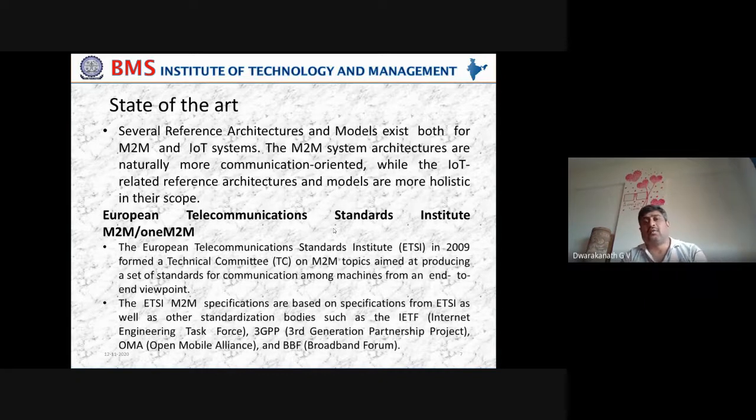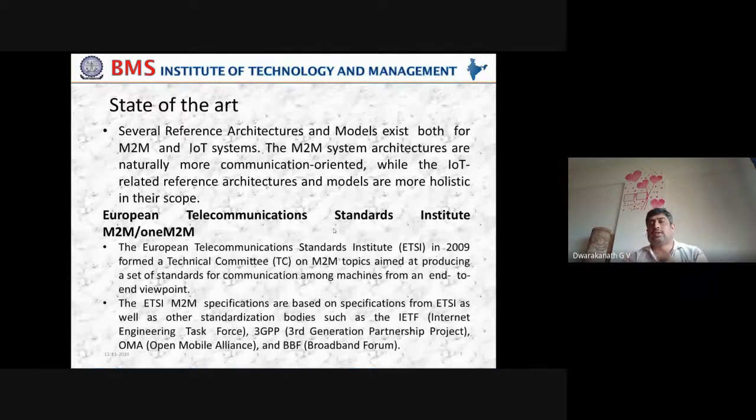Next, several reference architectures and models exist both for the M2M and IoT systems. The M2M system architectures are naturally more communication oriented, while the IoT related reference architectures and models are more holistic in their scope.